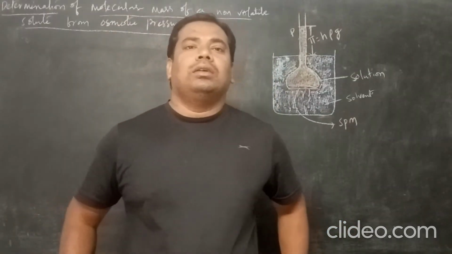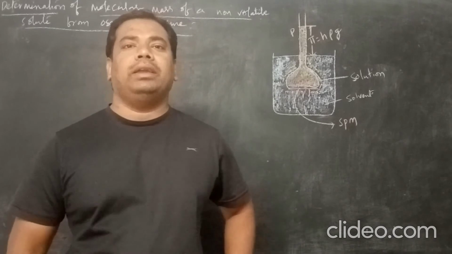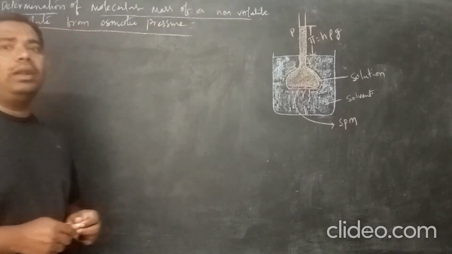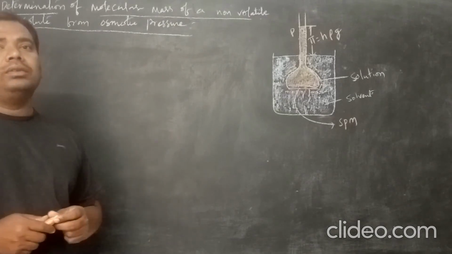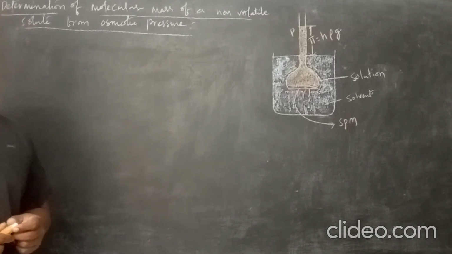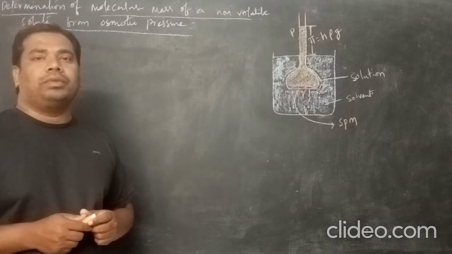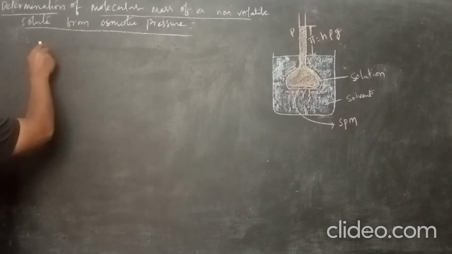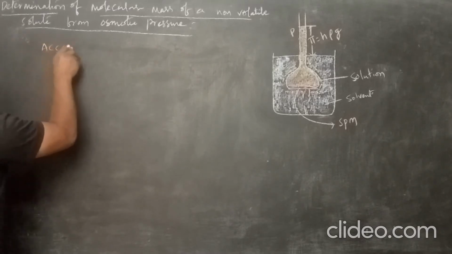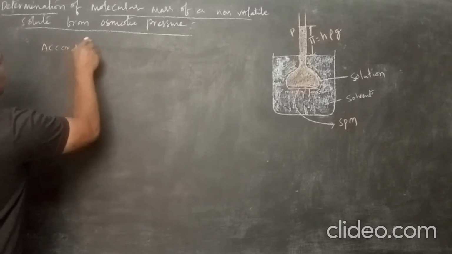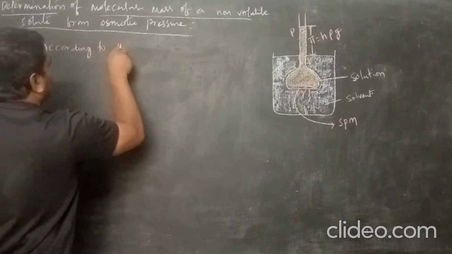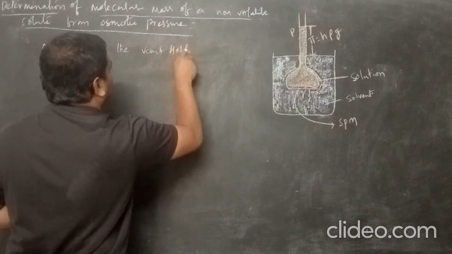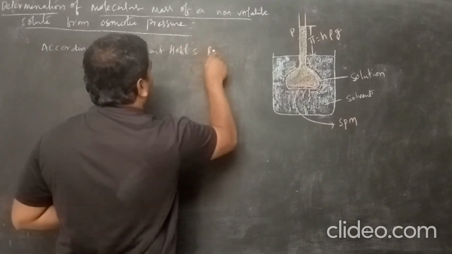Molecular mass of non-volatile solute by osmotic pressure. Okay, student? Right. So here we will derive the molecular mass of a non-volatile solute from osmotic pressure. Okay. So clear, student? Right. So according to the Van't Hoff Boyle's law.